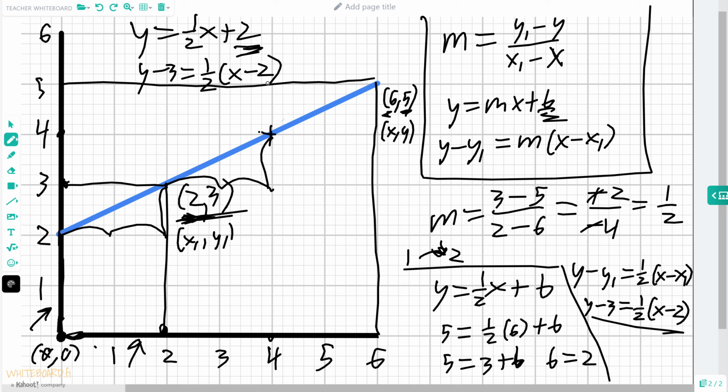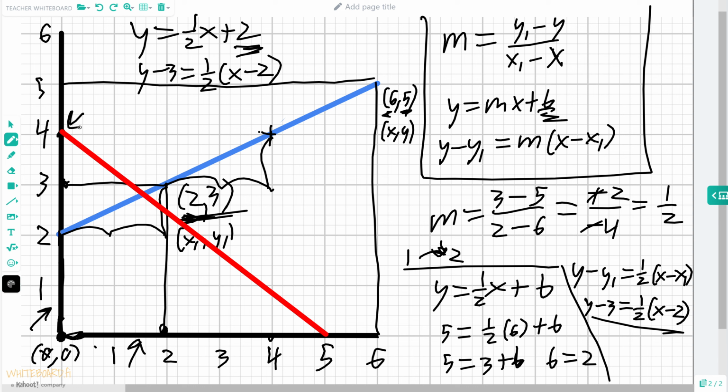And some key components, if we have a different graph that looks something like this, I'll draw in a different color. Some key components of this graph are the y-intercept.